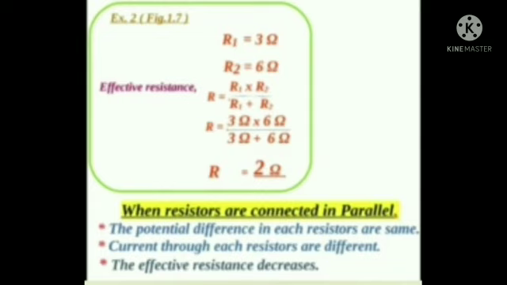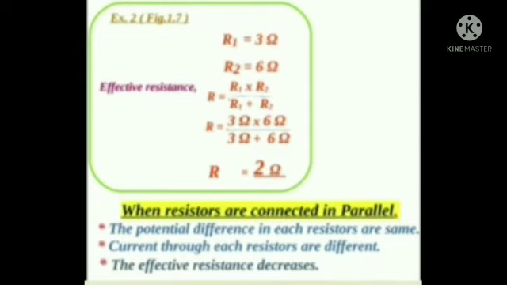Substituting the values, we get R is equal to 3 ohm into 6 ohm by 3 ohm plus 6 ohm. 3 into 6 is 18 ohm, by 3 plus 6, 9 ohm. That is 18 ohm divided by 9 ohm. 18 divided by 9, we get 2. So the effective resistance in this problem is 2 ohm.